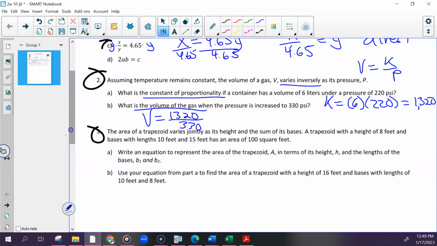Alright, divide that. What is V? Four. And then our volume is in liters, so 4 liters would be our answer. Questions on that?